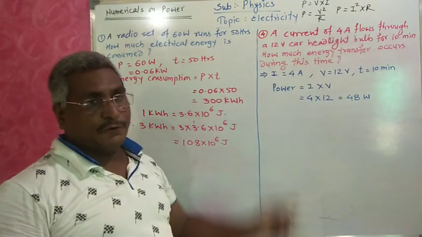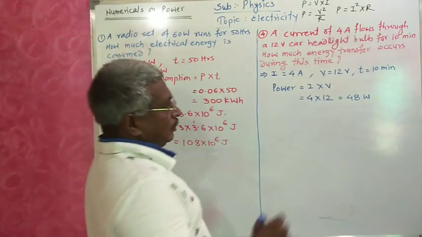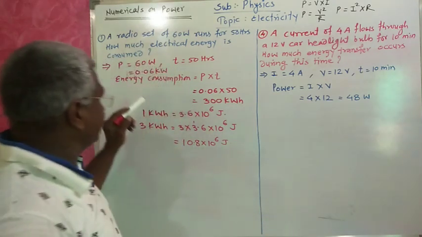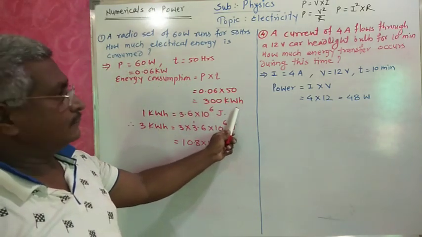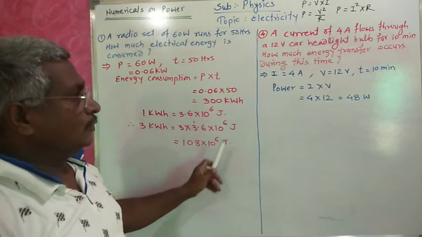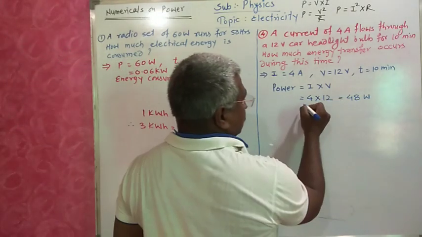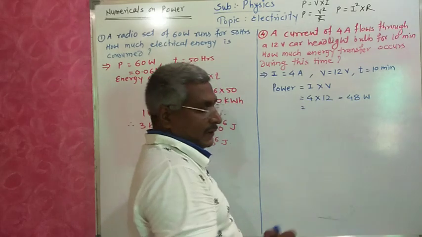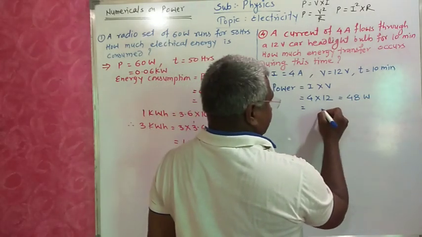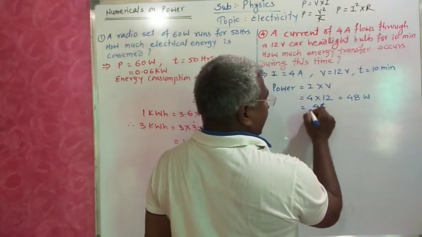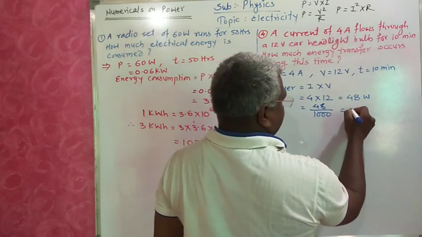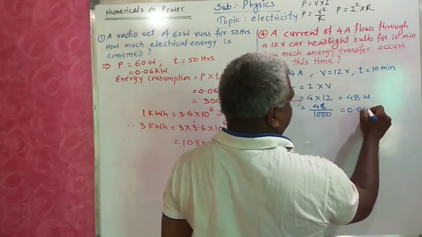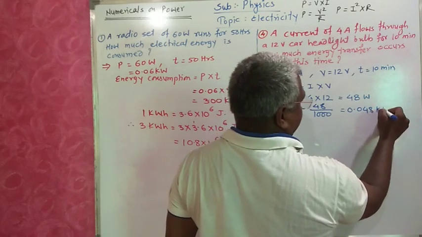What is the power? 48 watt. Now we have to find energy consumption, in kilowatt hour or joule. So what to do? Convert into kilowatt, so divide by 1000. 48 by 1000, so we get 0.048 kilowatt.